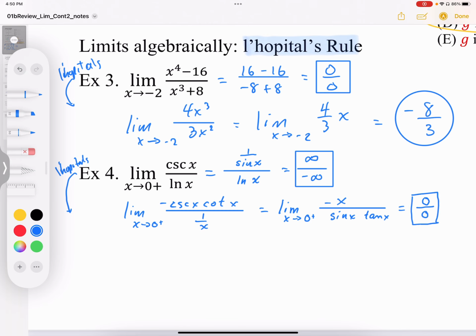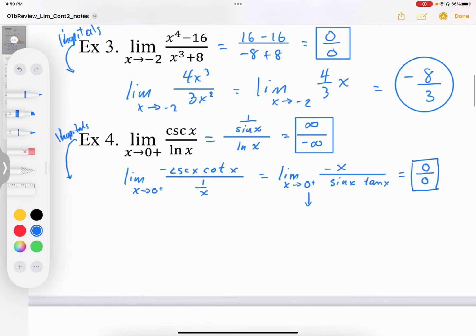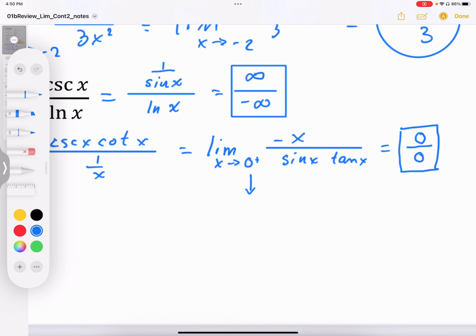Although this is still an indeterminate form, it gives me the condition to apply L'Hopital's one more time. So I apply it again, and I end up with the limit as x approaches 0 from the positive side. The derivative of the numerator is 1. In the denominator, I get cos x tan x plus sine x secant squared x.